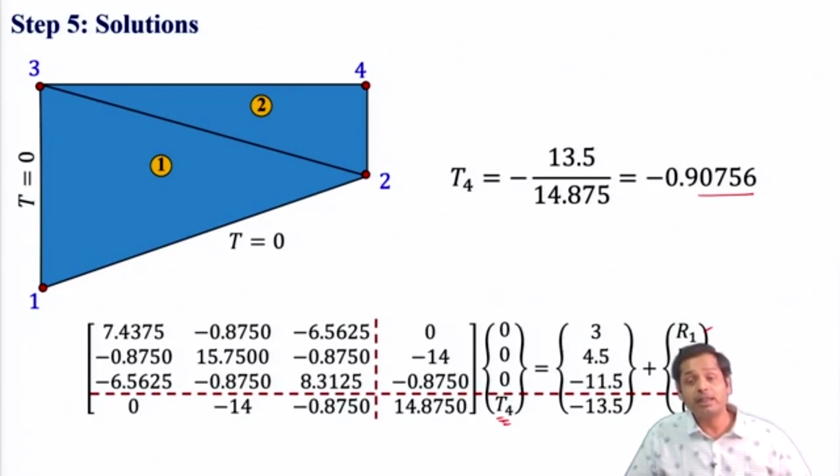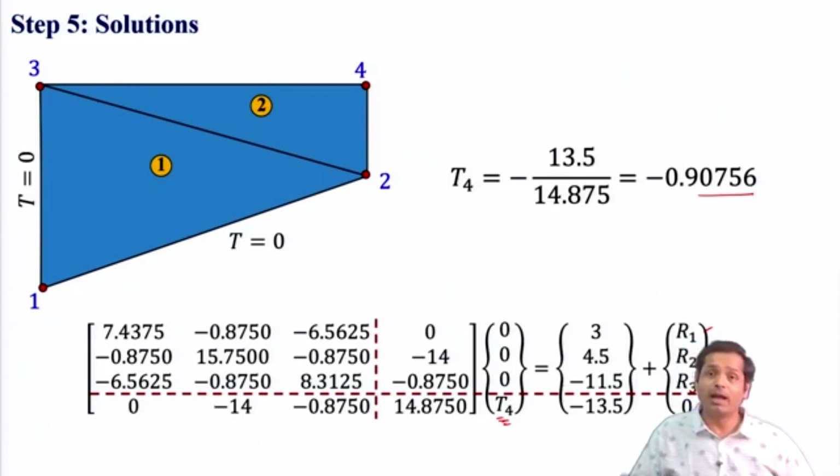But then we need to see what happens to the solution if we keep on increasing the number of elements, and what happens if we keep on increasing the order of approximation within the element. So what is H convergence and what is P convergence, that we need to see. For that we need a small program through which we can handle this larger problem. That will be discussed in the last class of this week. So we will revisit this problem once again.